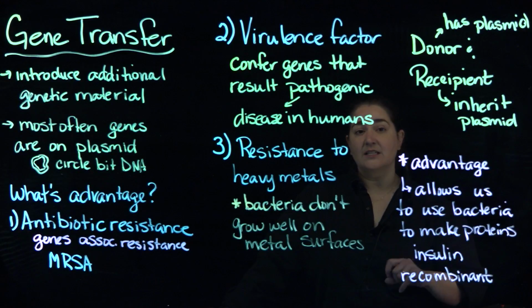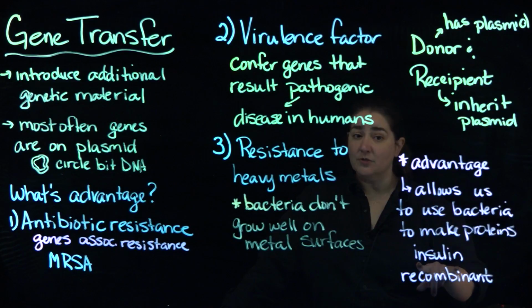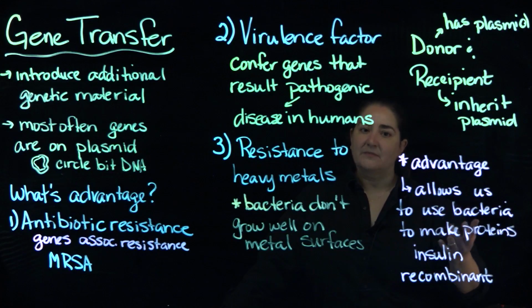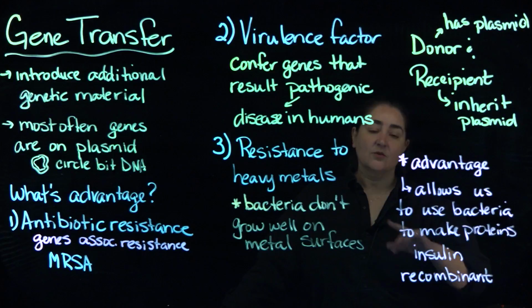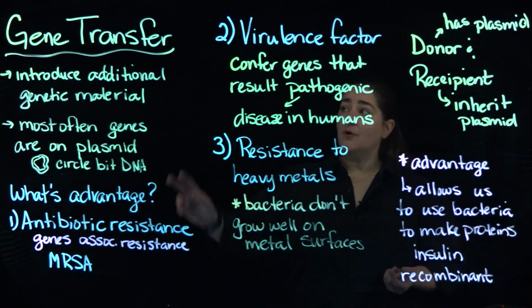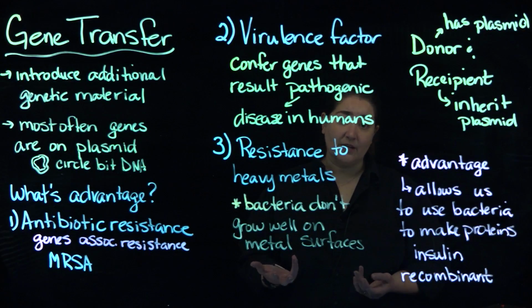And what that does is that allows a much more uniform production of insulin. So the insulin is more reliable, the dose is more dependable, and because it's bacteria, you don't have to worry about introducing disease from another person, all right? So we really can use bacteria and the process of gene transfer to our advantage.